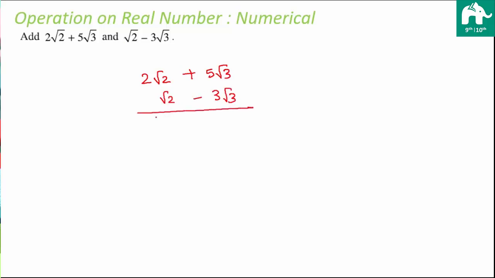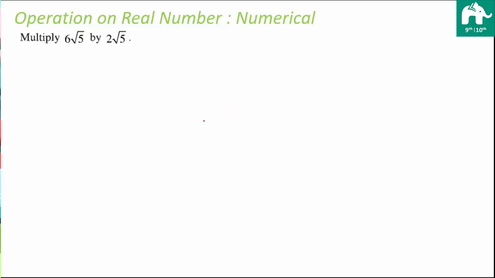So what will be the value? 2 root 2 plus 1 root 2 is 3 root 2. 5 root 3 minus 3 root 3: root 3 will be there, and 5 minus 3 is 2. So this will be the sum.